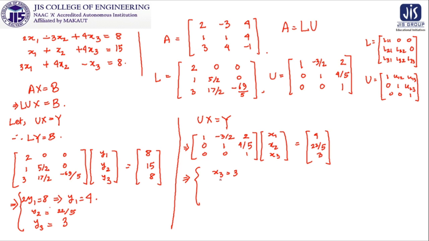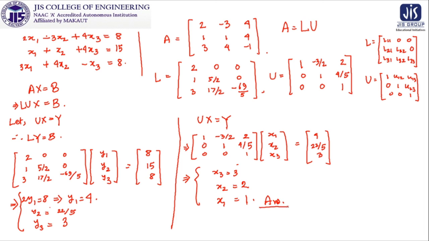Now putting the value of x3 in the second equation, we get x2 plus 4 by 5 x3 is equal to 22 by 5. So x2 is equal to 22 by 5 minus 4 by 5 into 3, that is 12 by 5, so x2 is equal to 10 by 5, that is 2. And similarly putting the values of x3 and x2 in the first equation, we get x1 equal to 1. So this is my final answer.